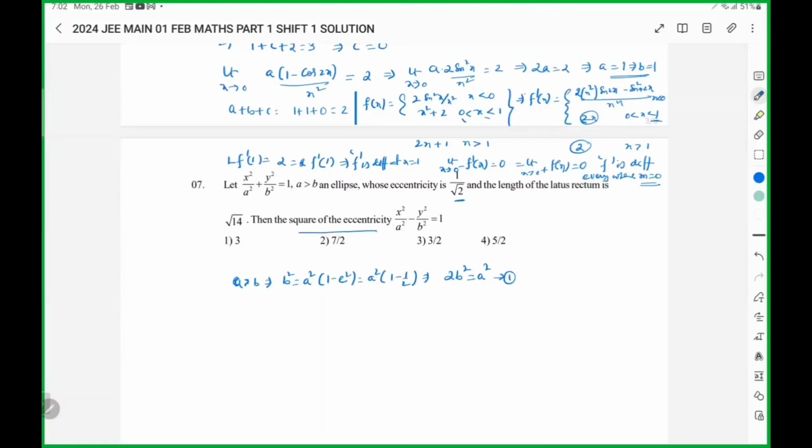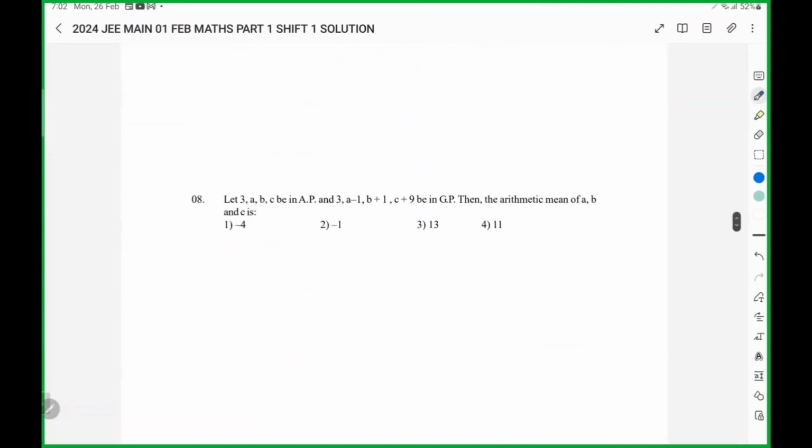So square of eccentricity, for hyperbola, eccentricity is this. So I think this information is excess, which is not required. 2b square is a square. The answer is 3 by 2. Square of eccentricity is 3 by 2.